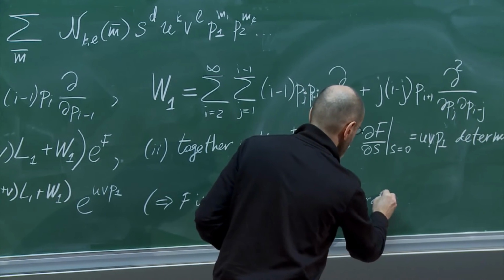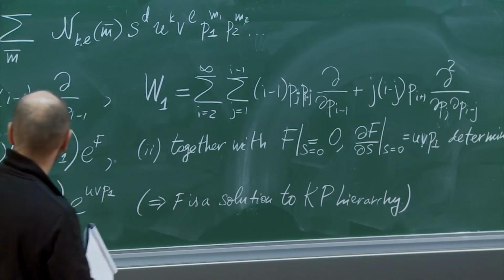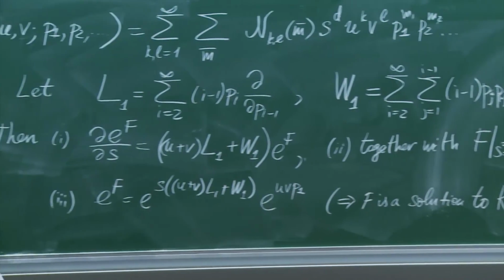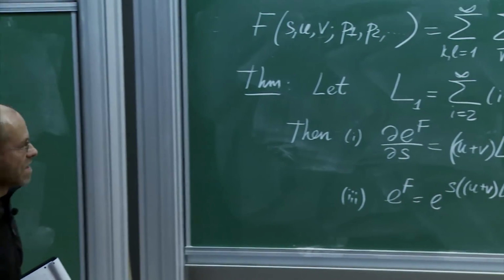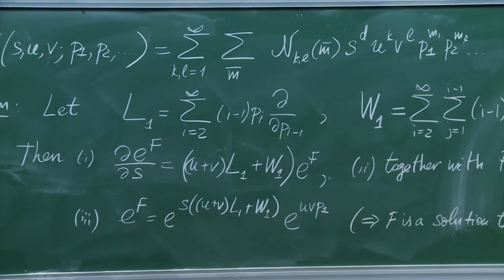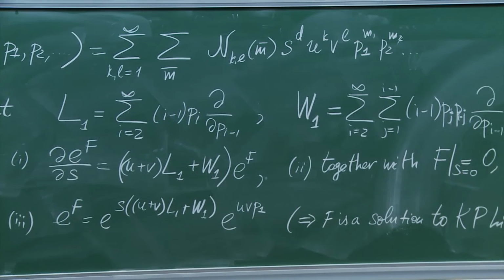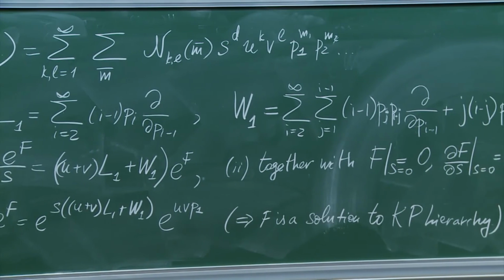That's because both L1 and W1 belong to the Lie algebra GL hat infinity, exactly like for the Hurwitz numbers generating function.